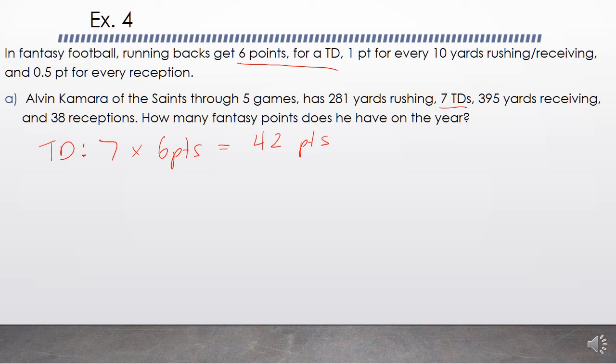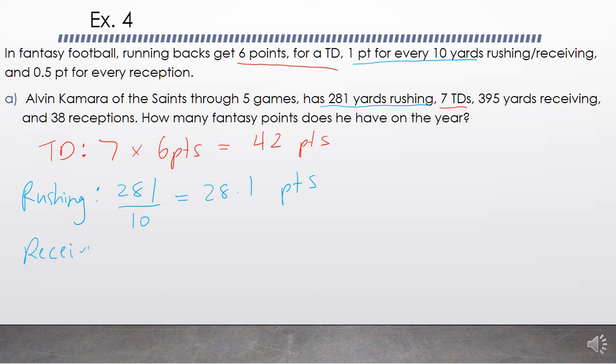The next thing, you get 1 point for every 10 yards rushing. He has 281 yards rushing, but you only get a point for every 10, so you have to divide that by 10. And that equals 28.1 points.